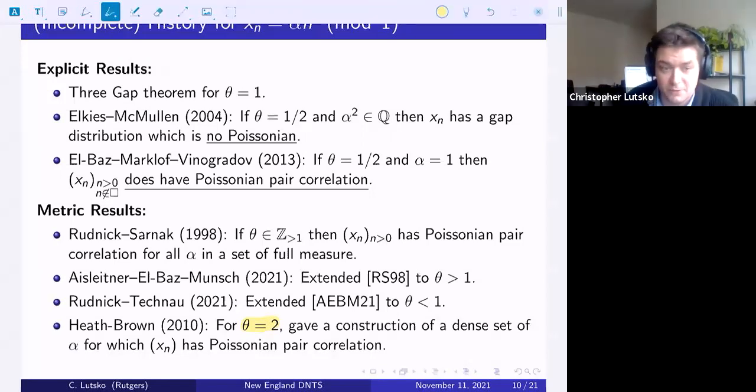If you bring him a number, he can't tell you whether or not that dilation has Poissonian pair correlation. And essentially, that's the state of the art. There are some partial results, in particular when theta is 2, but otherwise not very much is known, especially if you want to say something for an explicit exponent and an explicit dilation.